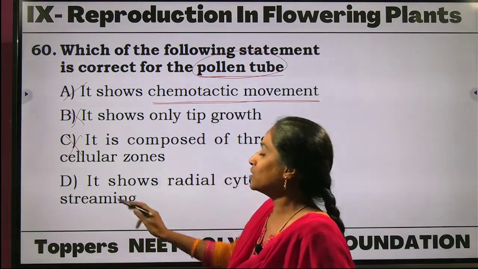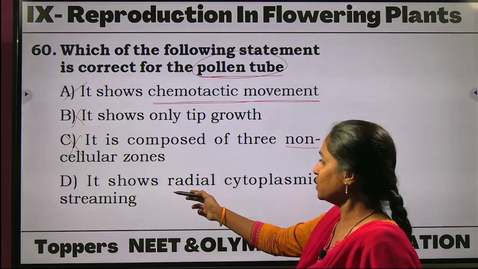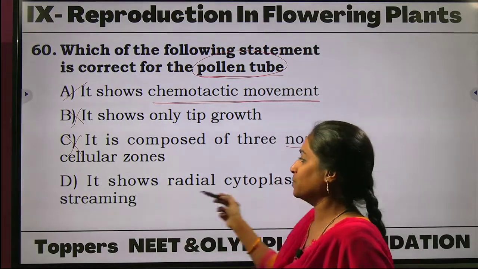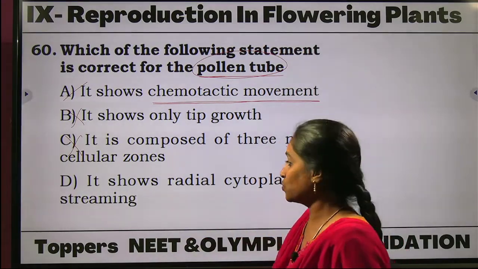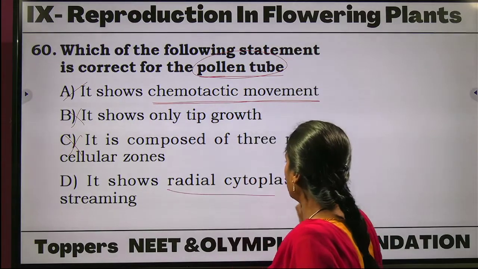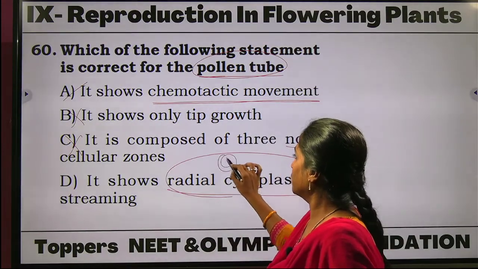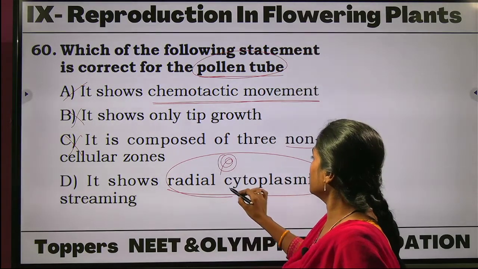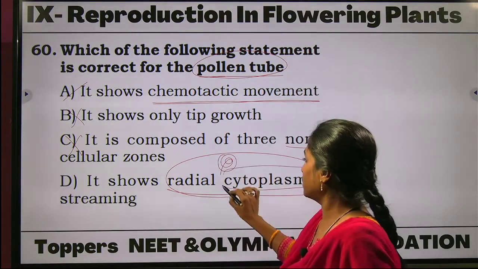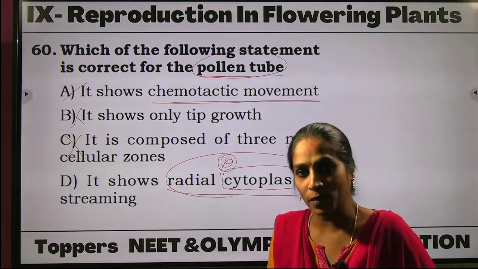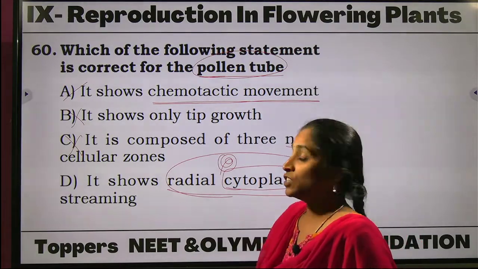And what is option D? It shows radial cytoplasmic streaming. Okay, so radial is nothing but movement in the radii. Cytoplasmic is nothing but the movement of cytoplasm within the cell, which is streaming itself.